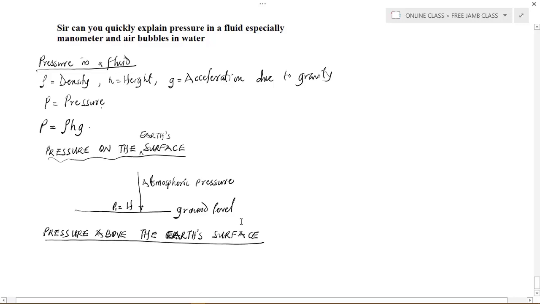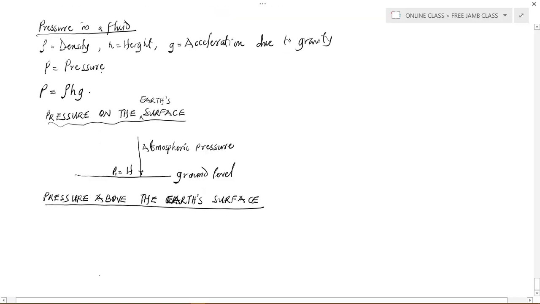So in this case, let's say air is the ground level, for it to be a height above the ground level of small letter h, let's say h2. So the pressure above the ground level here, P2, will be H minus h2.